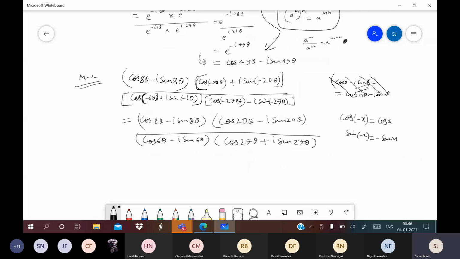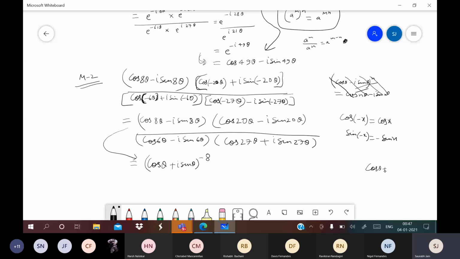After you have written all this, now comes the important part. If you have to solve it by De Moivre, an important step comes. Listen carefully. I can write this like this. Why? You can do it in the opposite way. If minus 8 power is here and you use De Moivre's theorem, what will it become?